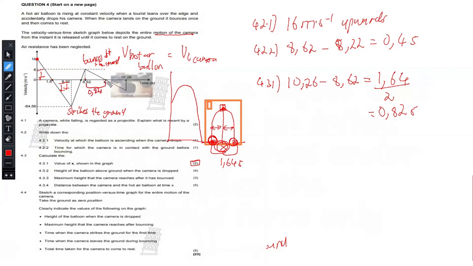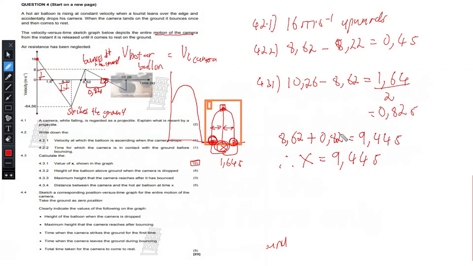So in order to find the value of X, we must say 8.62 plus the 0.82 that we are seeing there. When we add those, we will get 9.44 seconds. So the value of X there is 9.44 seconds, and that's basically how you were supposed to tackle that question.